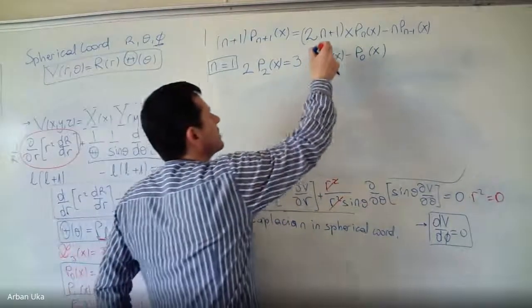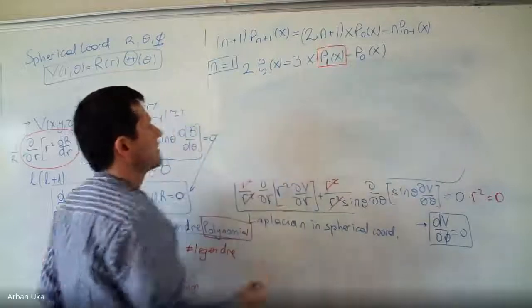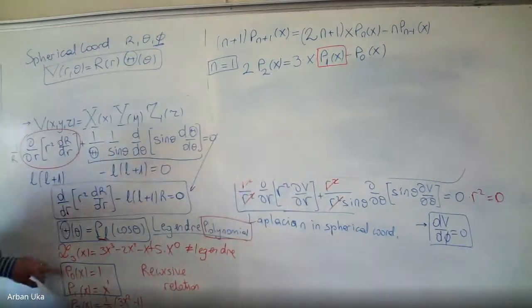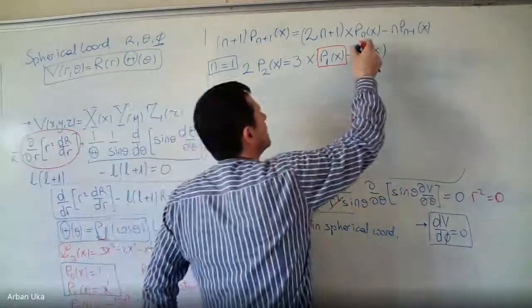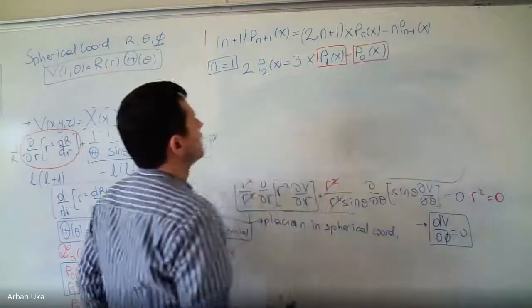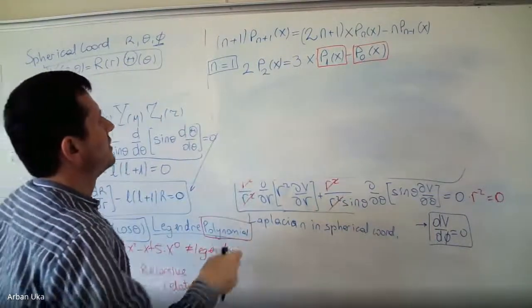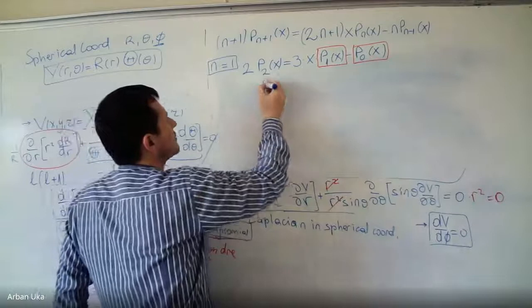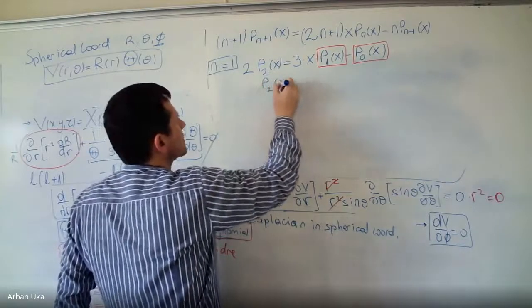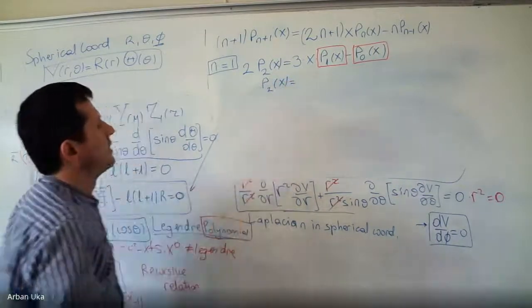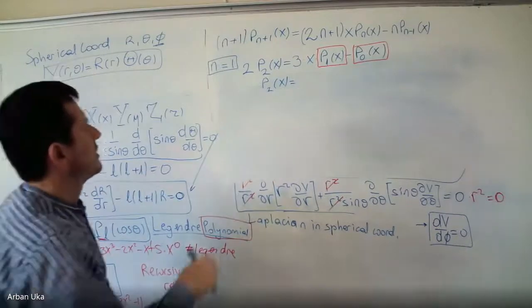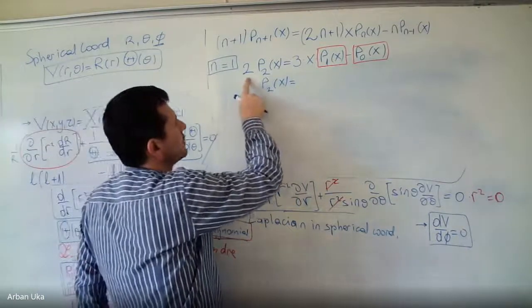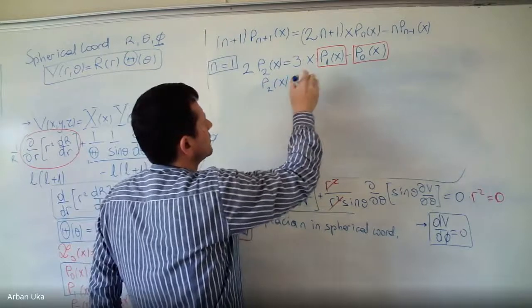Okay, now in here we know what P_1(x) is. It is x. And we know also what P_0(x) is. This is 1. So then from here we just need to write, let's do it like this. We see that P_2(x), the Legendre polynomial of the second order, we have to divide both sides by 2. Would you agree, Brandon?